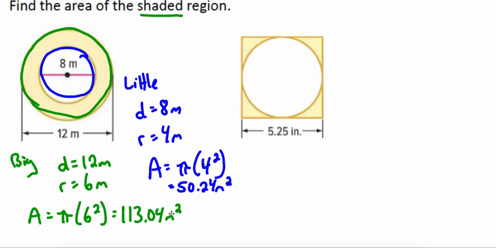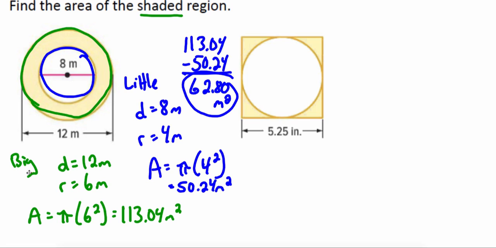Then I've got to finish the problem. I take the big area minus the little one: 113.04 minus 50.24, and I get an answer of 62.80 meters squared. So find the area of the big shape, then find the area of the little piece, the part that's missing. Since it was taken away from the big shape, I subtract it away.